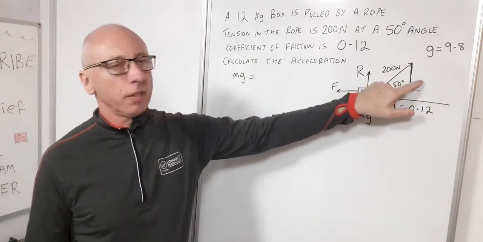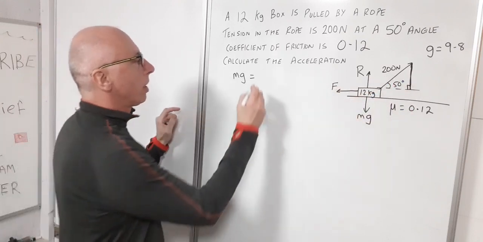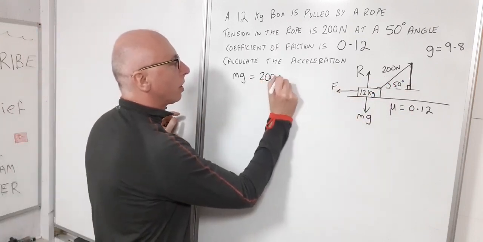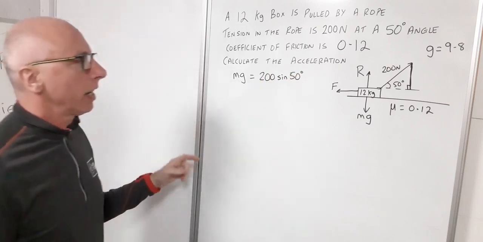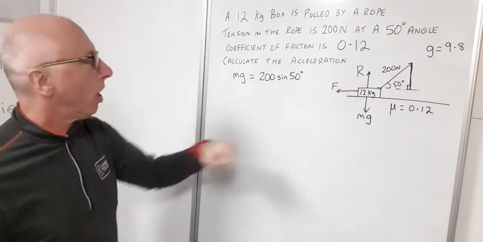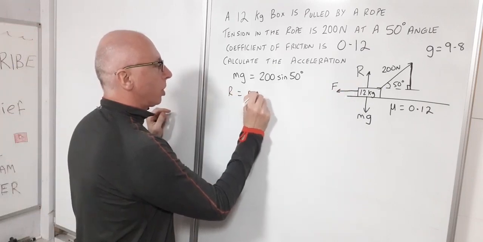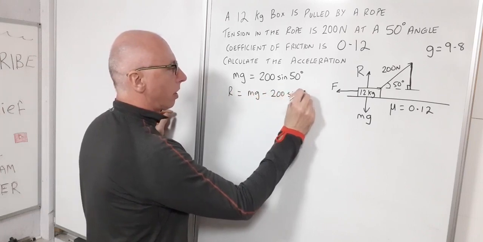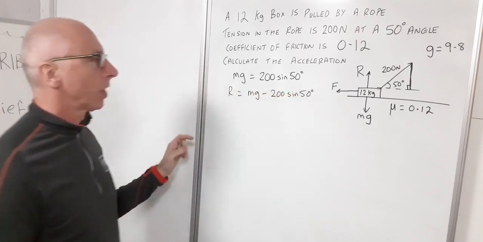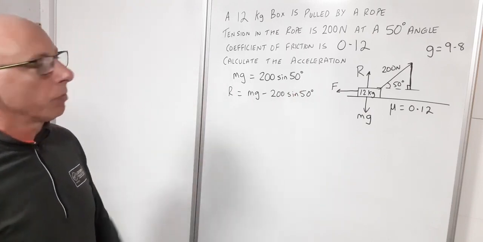So as it's opposite the 50 degrees, we'll use sine, and the magnitude is 200, so it equals 200 sine of 50 degrees. Now that's our resultant force R. So therefore R will equal mg minus 200 sine of 50 degrees.